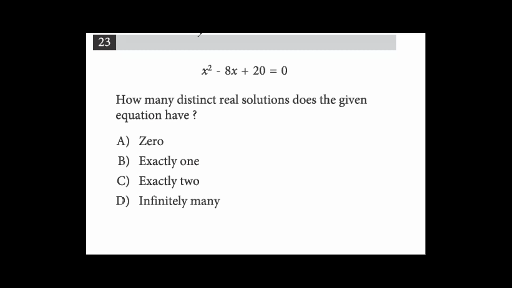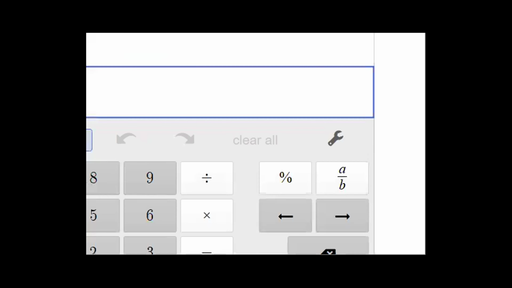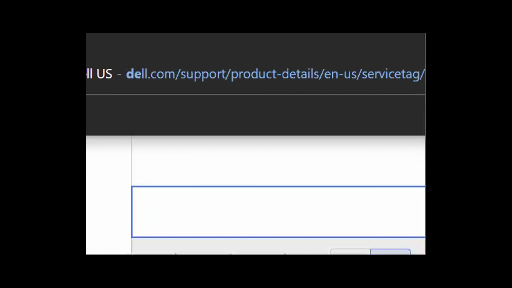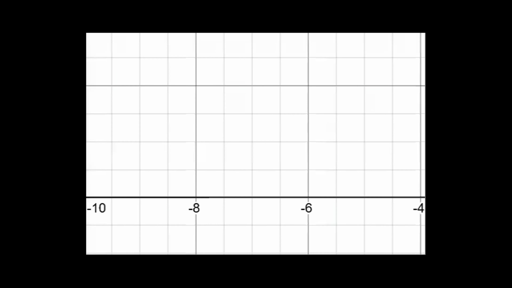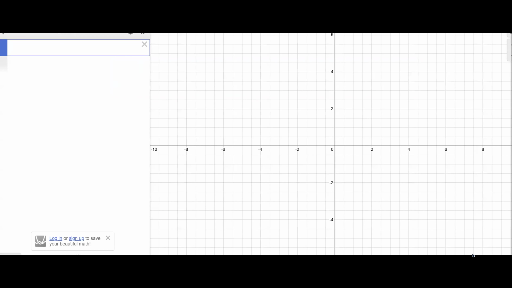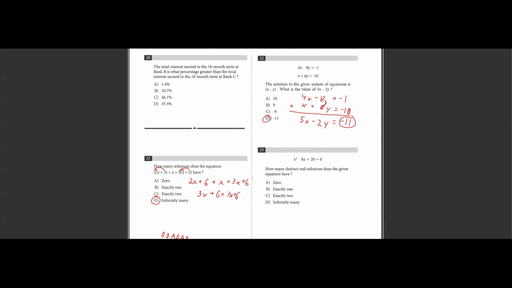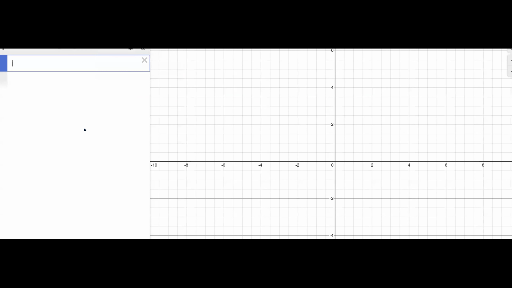Okay, so for question 23, the best way to solve this is to just graph it, in this case in Desmos. This is not the graphing calculator. I'll also show you how to do it without graphing, but we have x squared minus 8x plus 20.